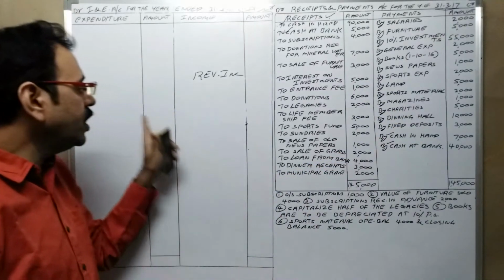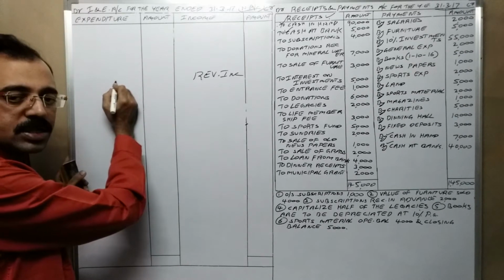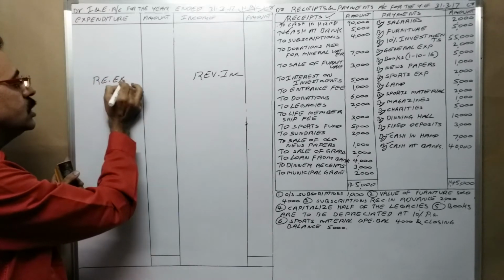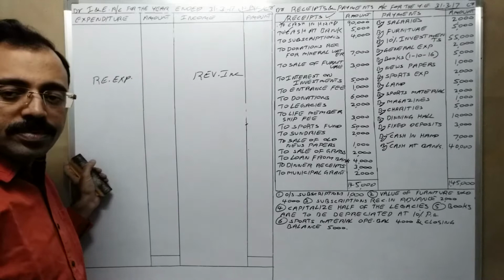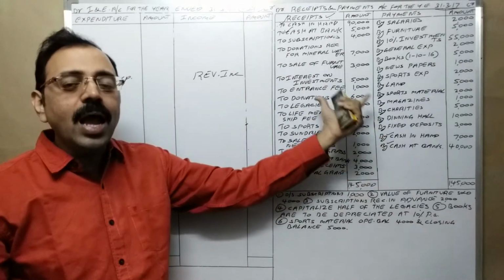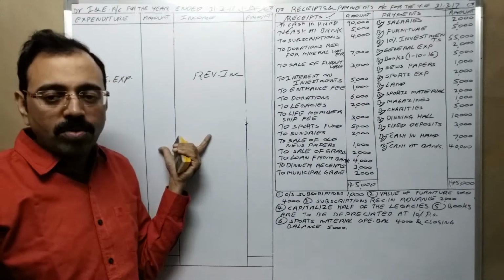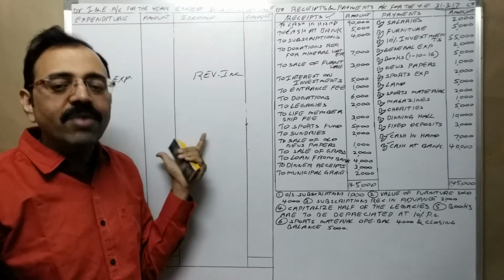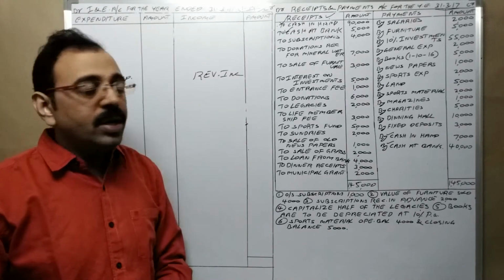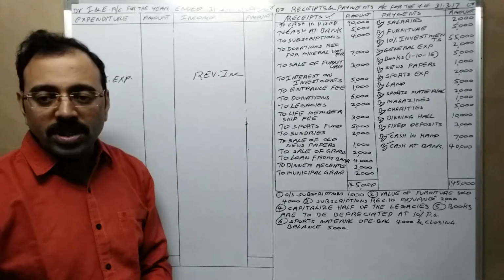But while writing on the debit side of income and expenditure account, ignore all capital expenses, record only revenue expenses. So what is the difference here? Receipts and payments account contains capital and revenue items both. But income and expenditure account contains only revenue items. Since only revenue items we record here, income and expenditure account is also known as revenue account.